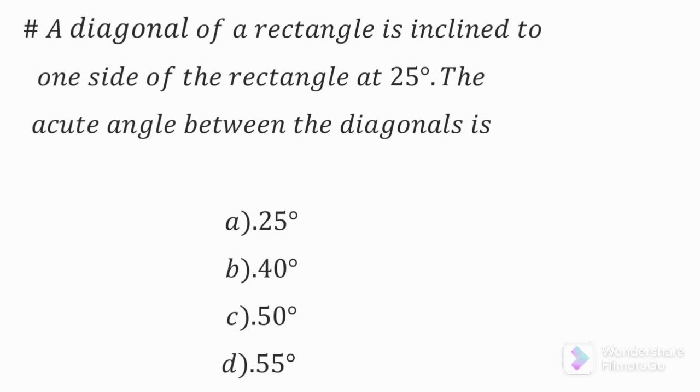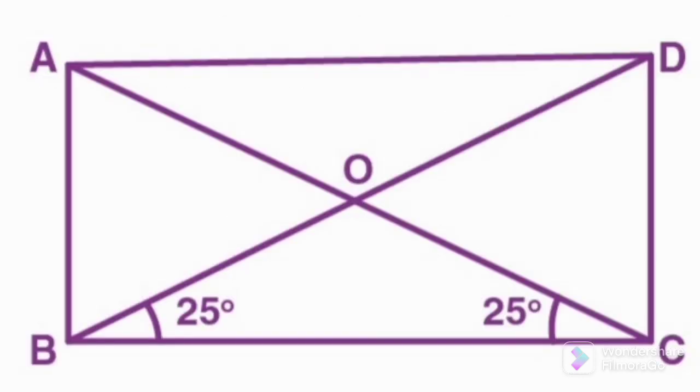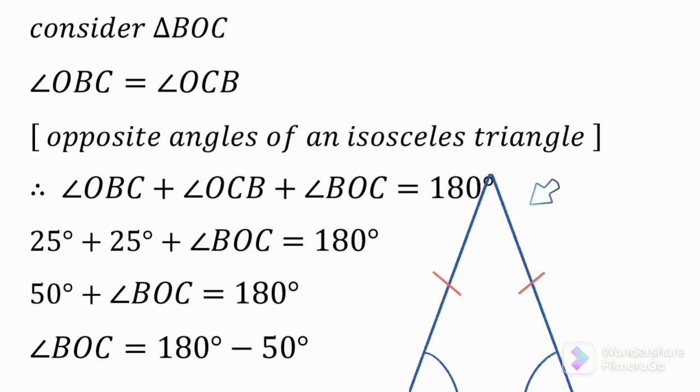A diagonal of a rectangle is inclined to one side of the rectangle at 25 degrees. The acute angle between the diagonals is, the options are 25, 40, 50 or 55. Consider a rectangle ABCD in which AC and BD are the two diagonals of the rectangle intersecting at the point O. Now, in triangle OBC, we can write angle OBC is equal to angle OCB because of the opposite angles of an isosceles triangle.